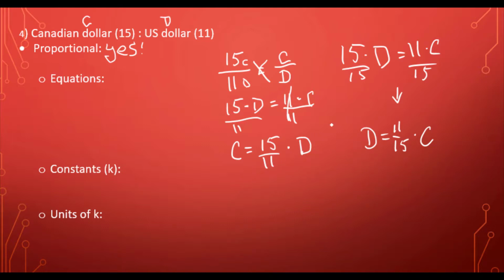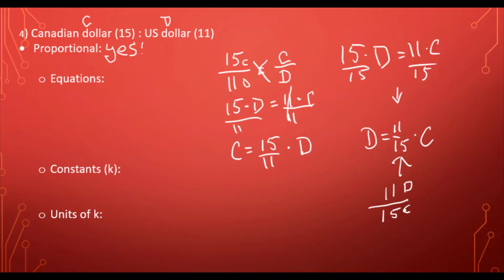So now I'm gonna leave this one alone. Here's K. And being that we're inputting Canadian dollars, I have to have this as US dollars over Canadian dollars. So there's the units of K in this equation.